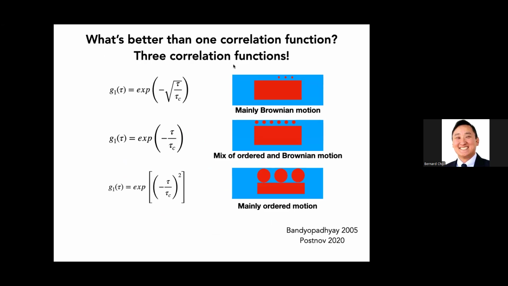So when you have the lower one in particular, that is a form of the electric field correlation function for single scattering from ordered flow. That's the type of dynamic it represents.